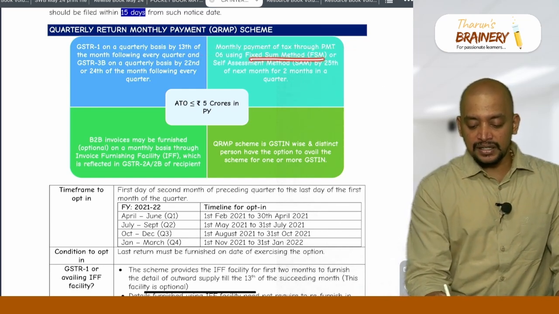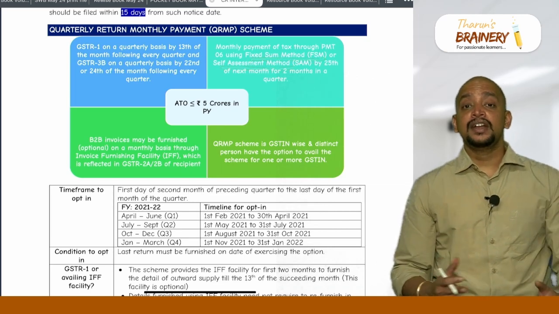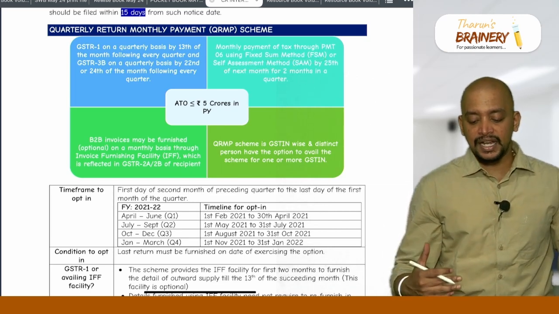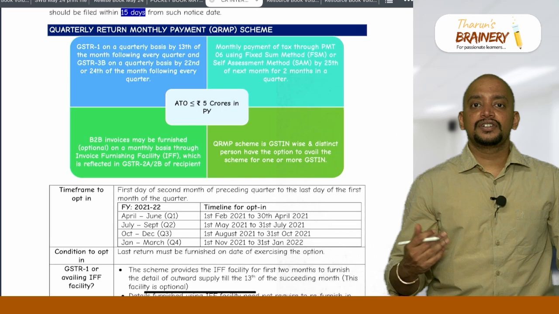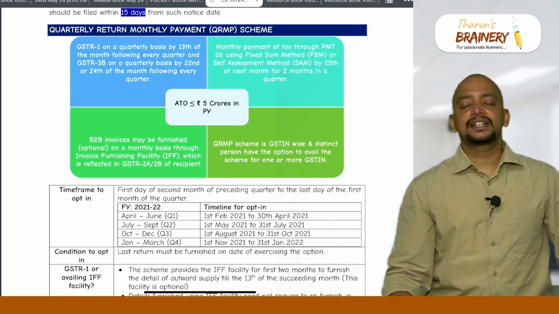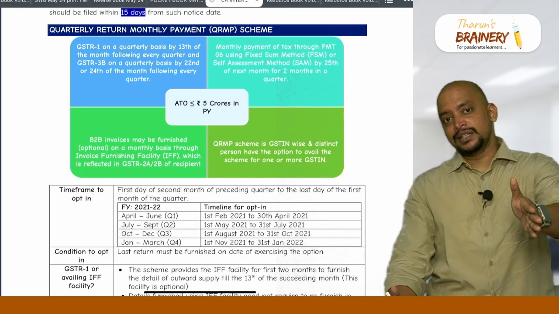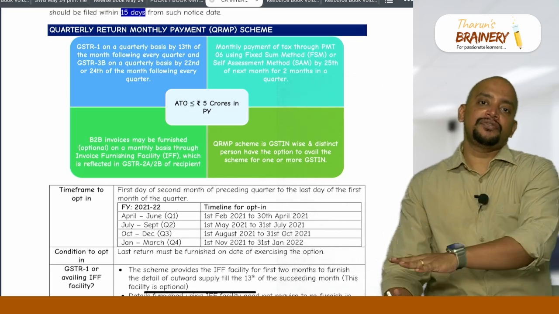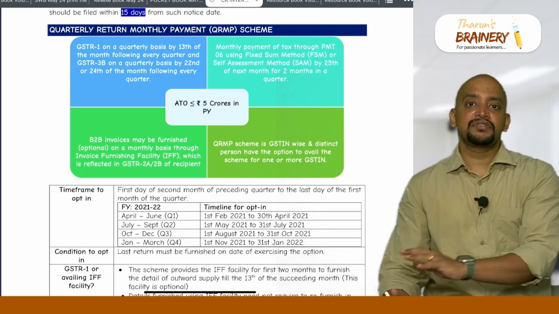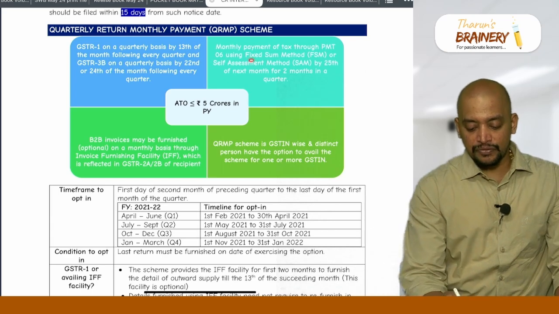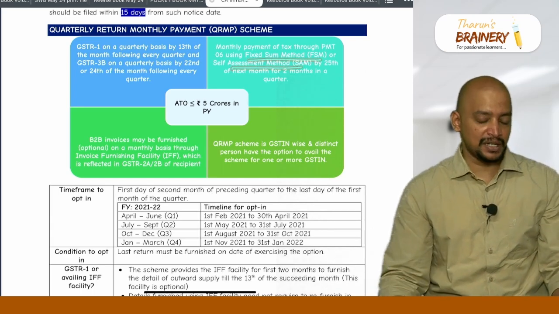Using fixed sum method or self-assessment method. By when? By 25th of the month following every month for the first 2 months in the quarter. For example, if July to September you are under QRMP, for July month, by 25th of August, and for August month, by 25th of September, either I can go for fixed sum or the self-assessment method.